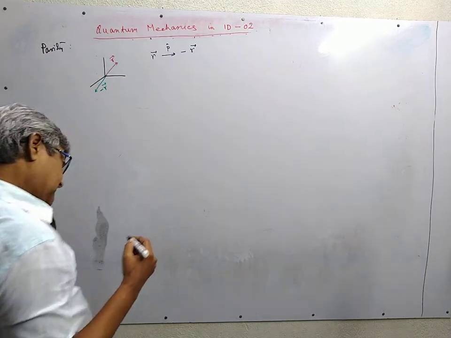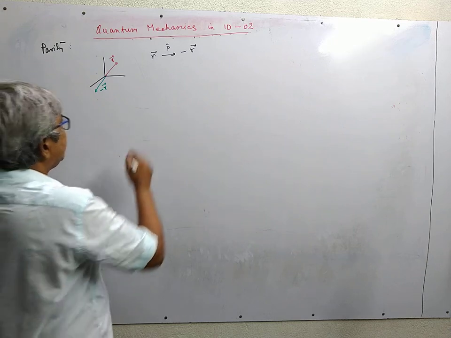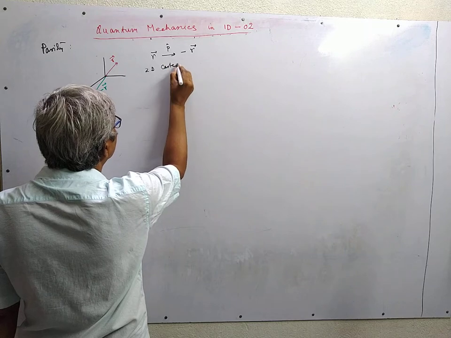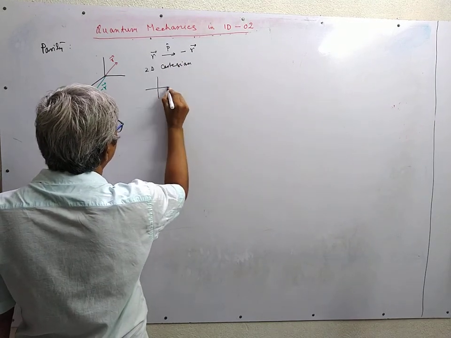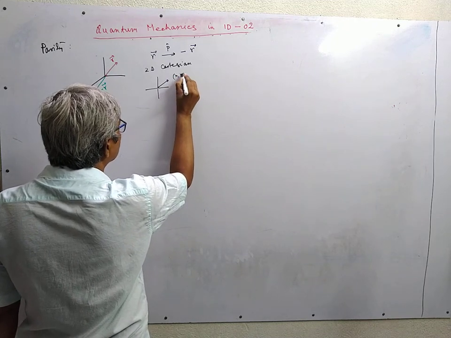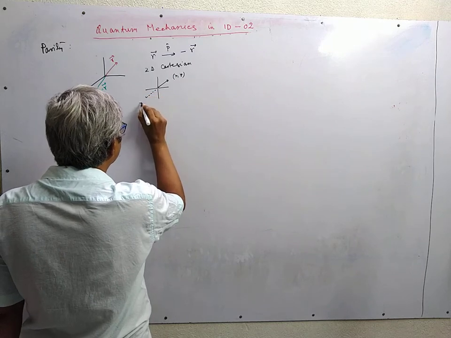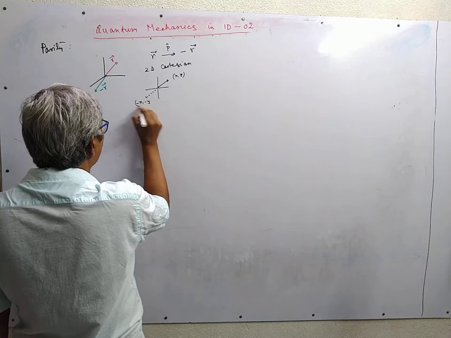Let us see what happens in simple coordinate systems. In 2D Cartesian, this is position vector r having coordinates x, y. When we take this mirror image, we will have the point minus x, minus y.